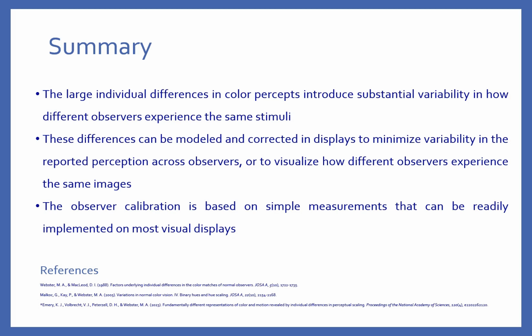These differences can be modeled and corrected in displays, in different displays of the same observer, as well as on different displays across all the observers, to minimize as much as possible the variability in the reported perception across observers. The observer calibration is based on simple measurements that can be readily implemented on most visual displays.